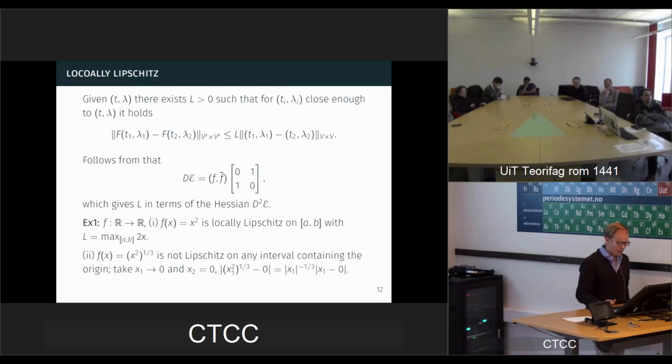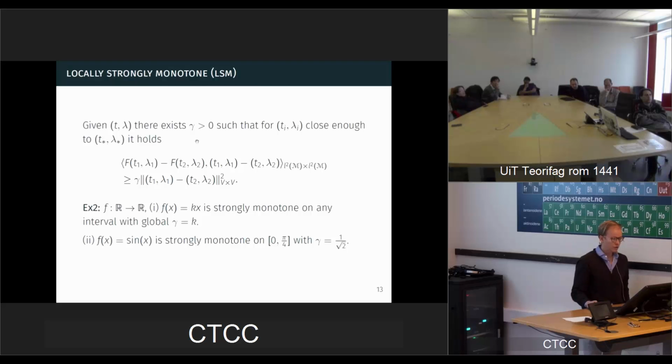Okay. So let's move on to this locally strongly monotone condition. So here is just the definition again. This is the criteria to have strong monotonicity. So here we have just the dual pairing of the inner product.